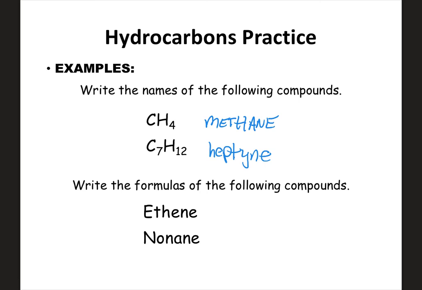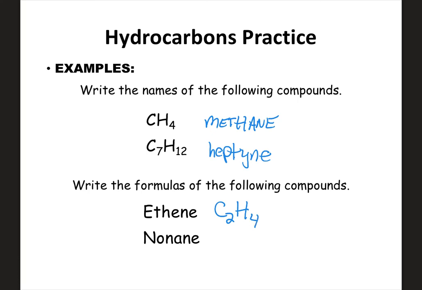So now when we're doing formulas here, all right, I see the first one, ethene, ends in ENE. So I immediately know this is going to have C and H in it. Eth tells me the number of carbons, eth is 2, and then enes are just times 2. So 2 times 2 would be 4 for the number of hydrogens.